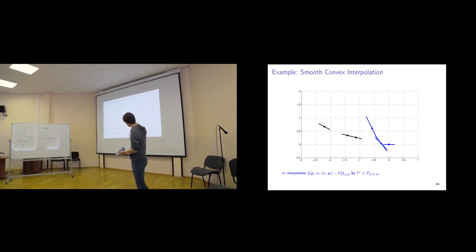Now the question of interpolating the black points by a smooth convex function is equivalent to the question of interpolating the blue points by a strongly convex function. I can just remove the strong convexity of the blue points, and the question of strongly convex interpolation on the blue points is equivalent to the question of convex interpolation on the white points.